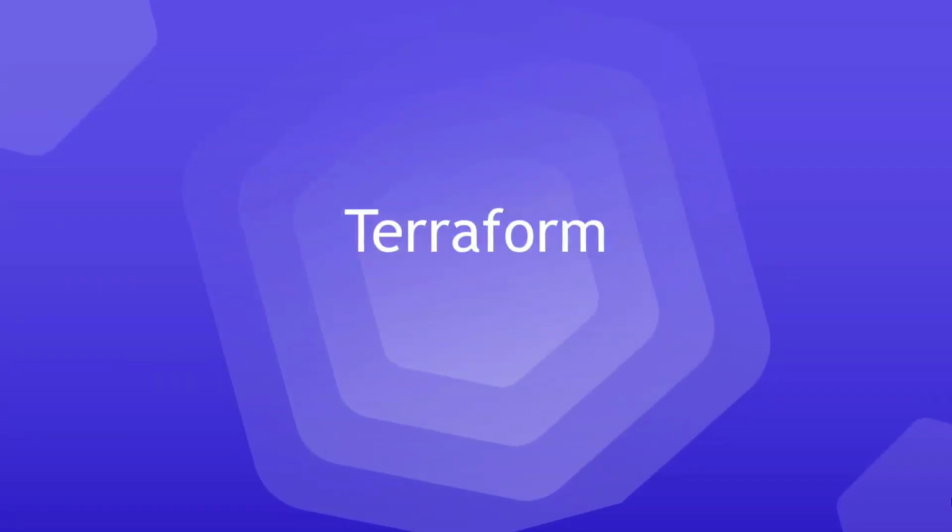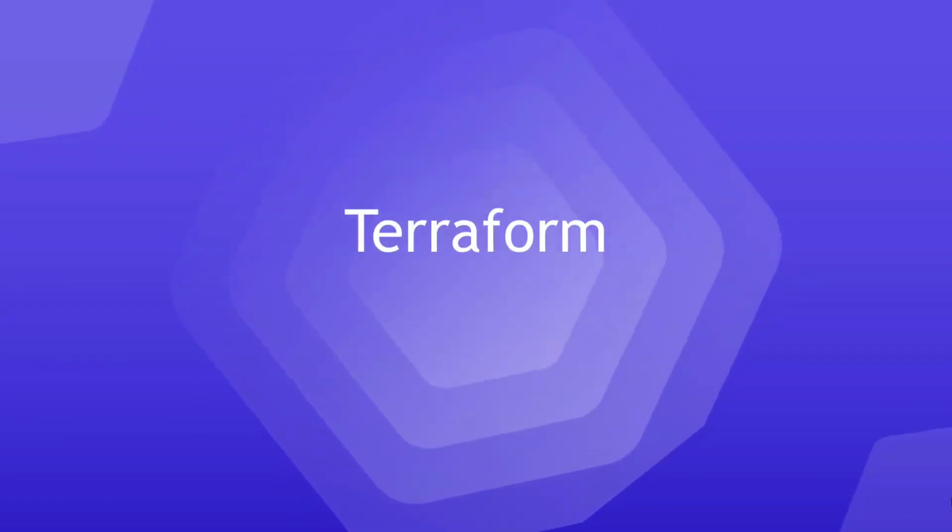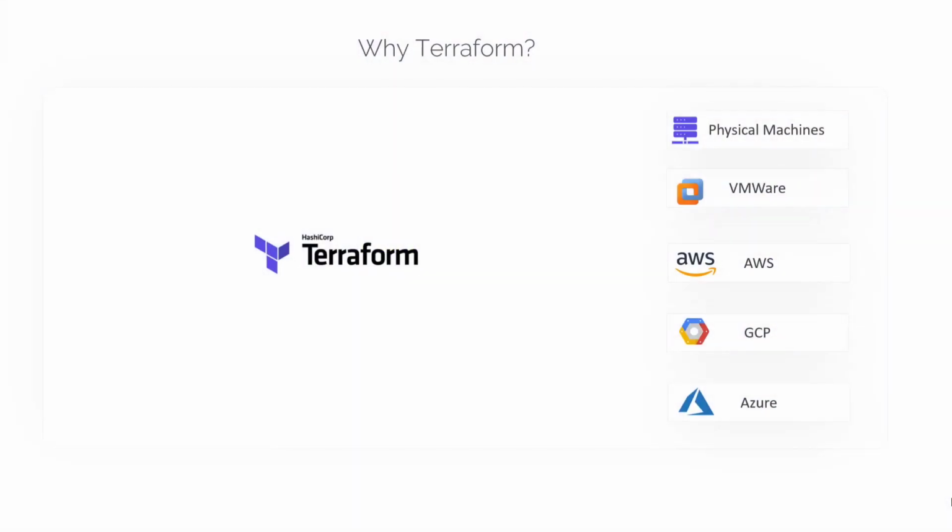Let's now talk about Terraform and go over some of its features at a high level. As we discussed, Terraform is a popular IAC tool which is specifically useful as an infrastructure provisioning tool. Terraform is a free and open source tool which is developed by Hashicorp. It installs as a single binary which can be set up very quickly, allowing us to build, manage, and destroy infrastructure in a matter of minutes.